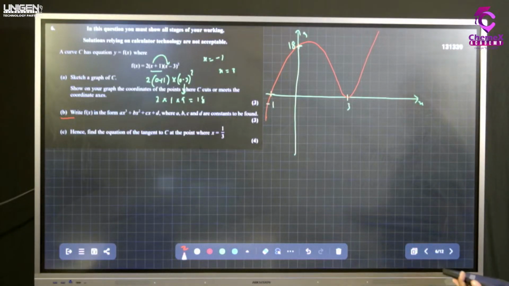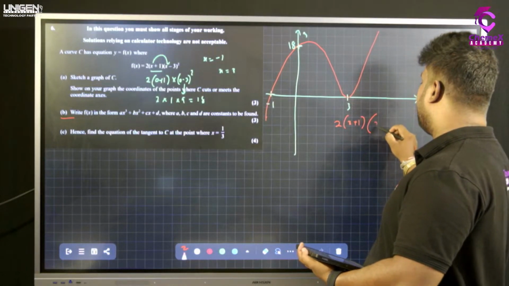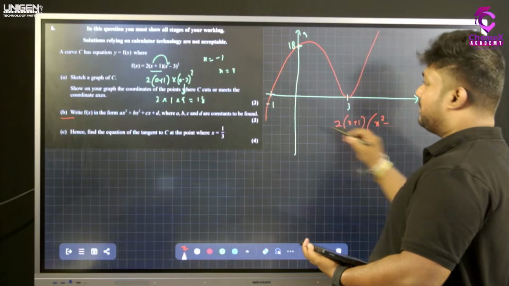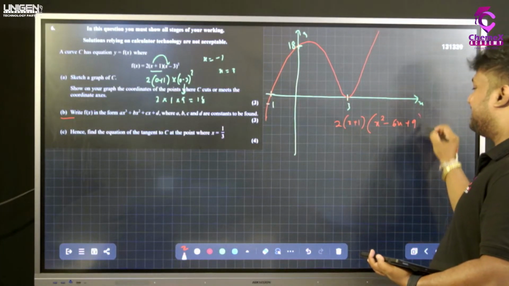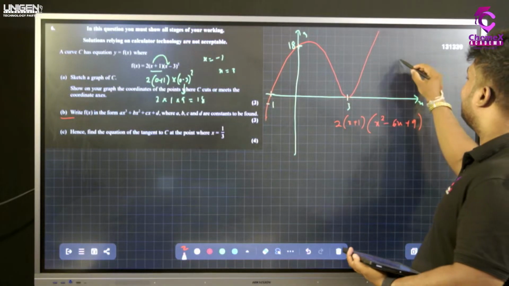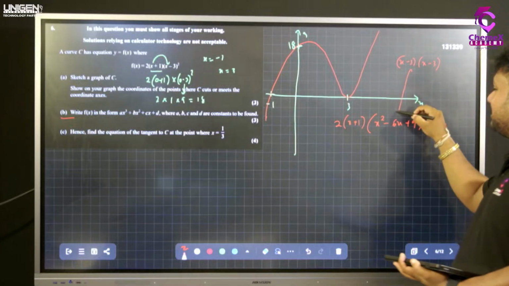Write f of x in that format. You have to expand. How do you expand? Because x minus 3 squared is x squared minus 6x plus 9. You know how to expand x minus 3 squared.